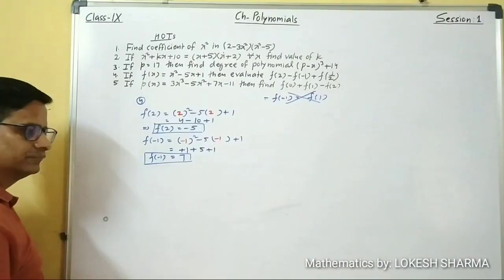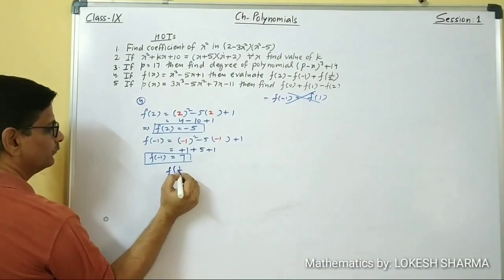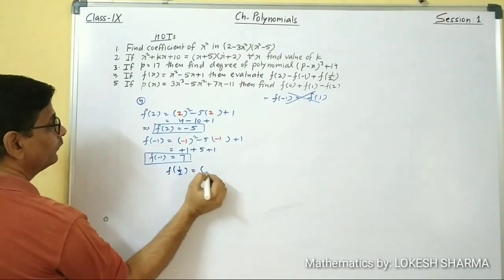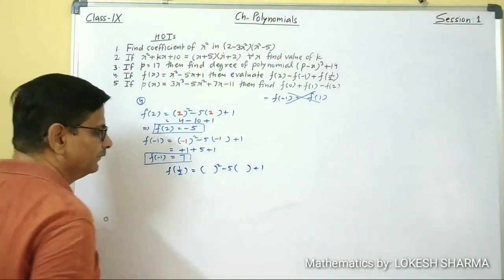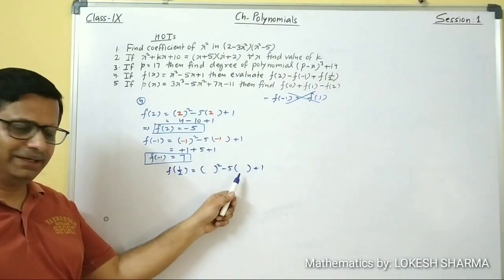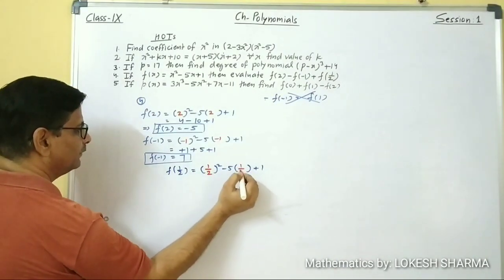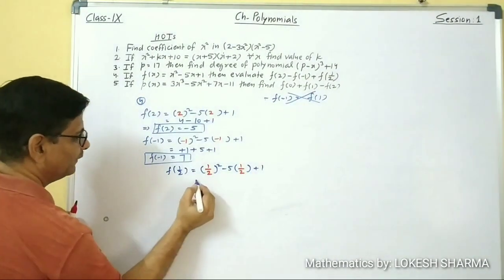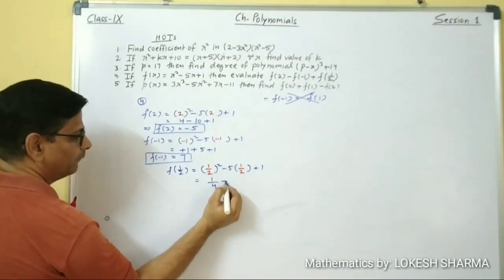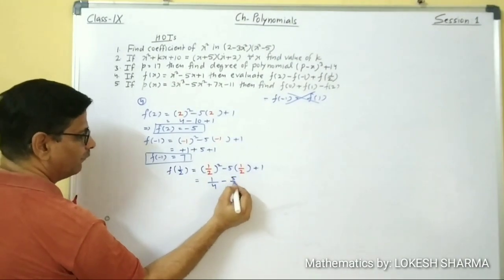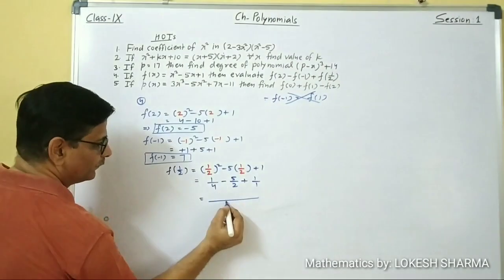Okay. Now find the value of f(1/2). f(1/2) is equal to x square minus 5 into x plus 1. Wherever x is, first put brackets, after that the value will be put. So here 1/2 and here also 1/2, and we will get square of 1 is 1 and square of 2 is 4. 1/4 minus 5 into 1/2 is 5/2 plus 1/1, and LCM will be 4.